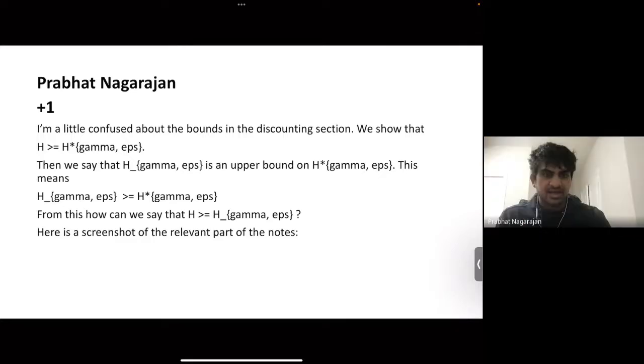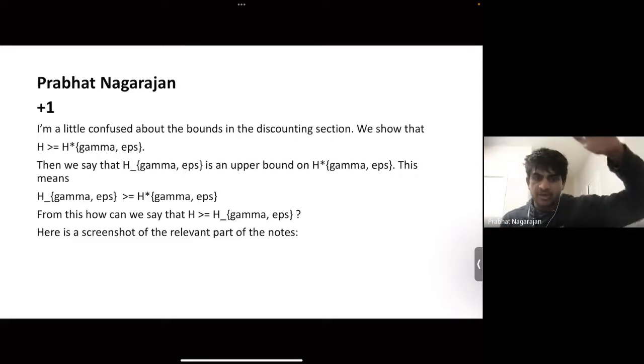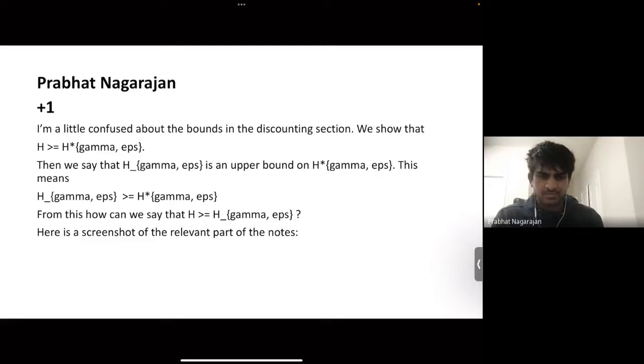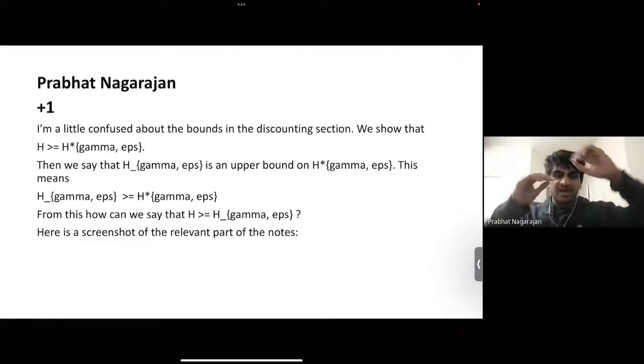So we get H gamma is greater than H star, but the original bound said H is greater than H star.